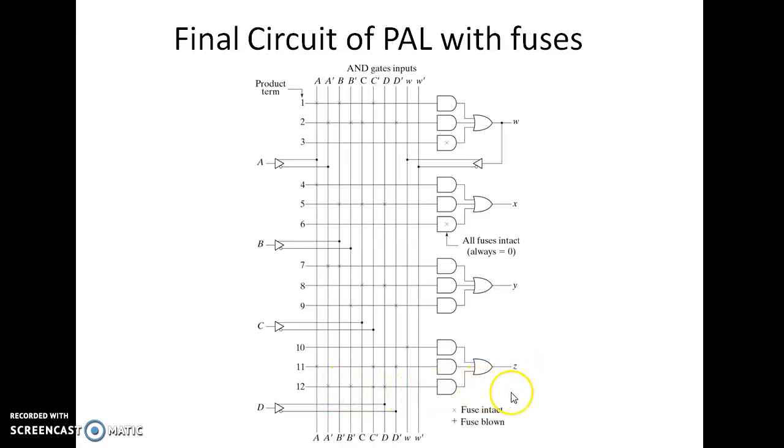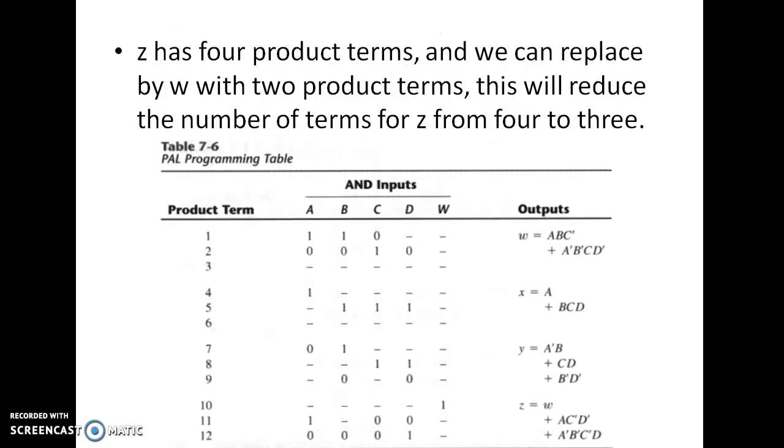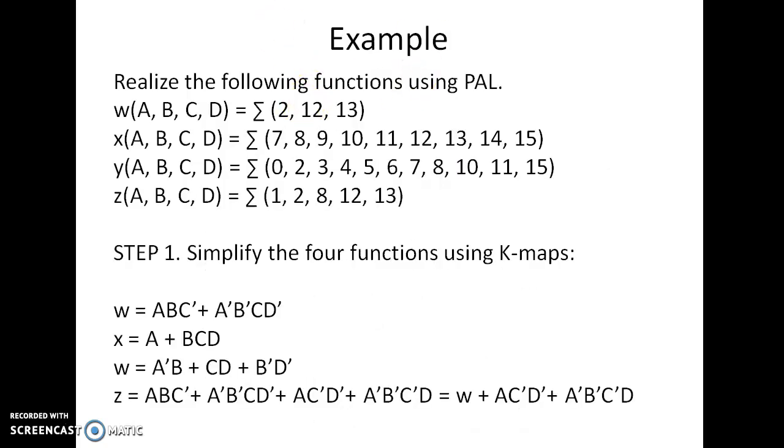So this is the final circuit of a PAL, where programmable AND gate connections means there would be a single line. Wherever the connection is required, you put a tick mark, and what is that corresponding letter. So what are the things you have to remember regarding PAL? This is an original function that could be given.